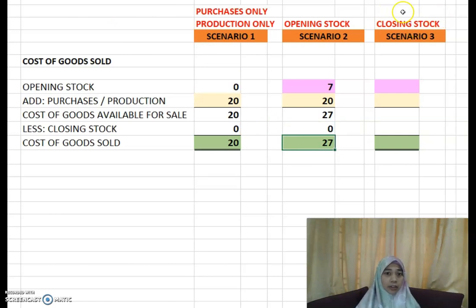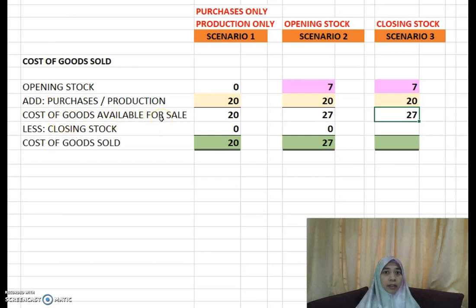Now let's say I introduce to you closing stock or the ending inventory. In the same case, you have opening stock of 7, which means at the beginning of the period, you have 7. And then you purchase another 20 or you produce another 20. So you will have 27. That 27 is your cost of goods available for sale.